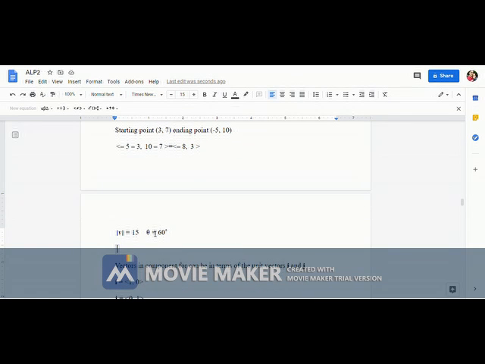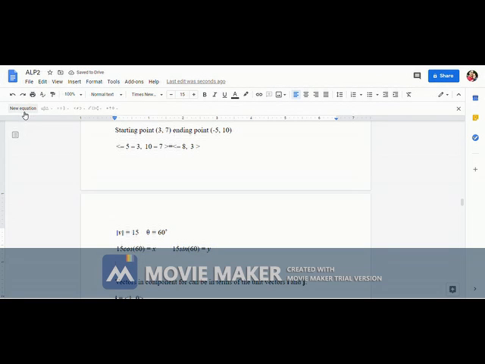So we have 15 cosine of that theta of 60 equals x. And then we have 15 sine 60 equals y.